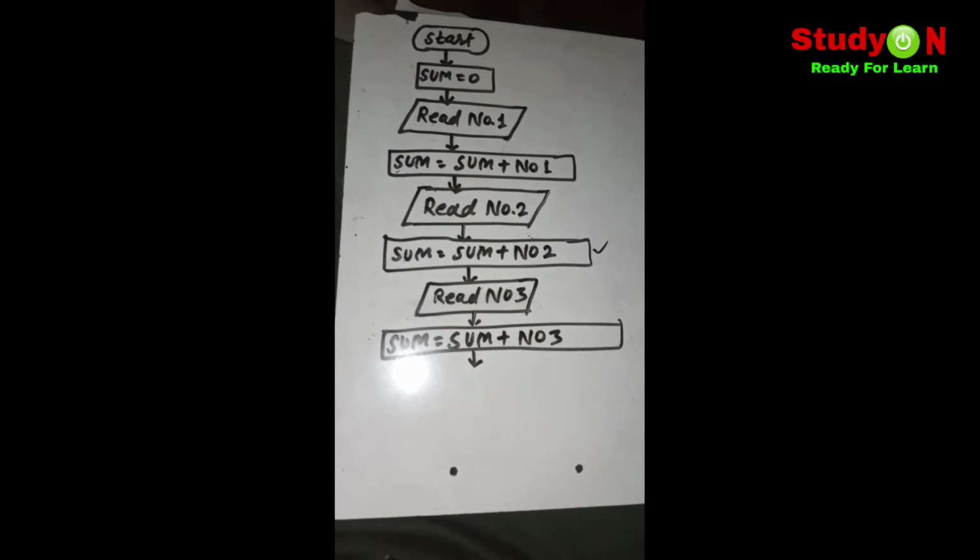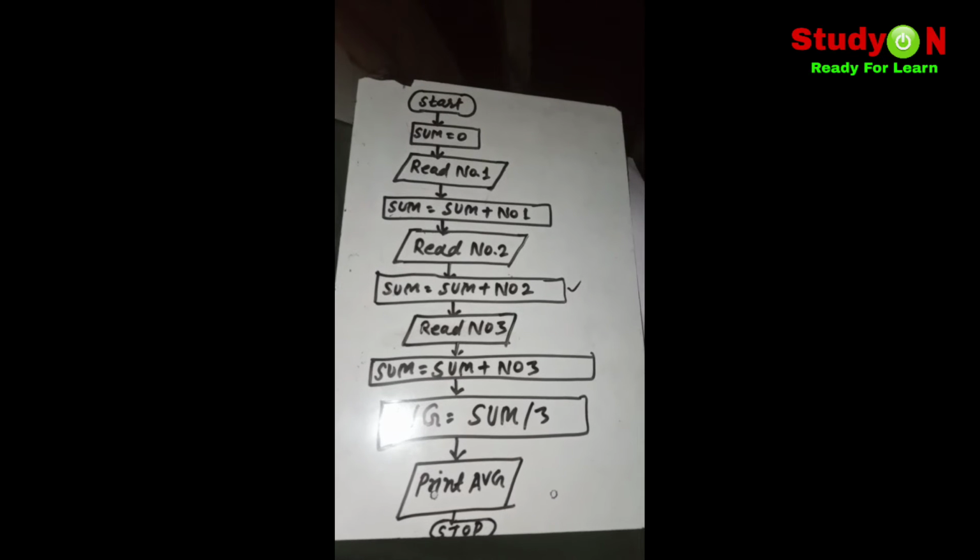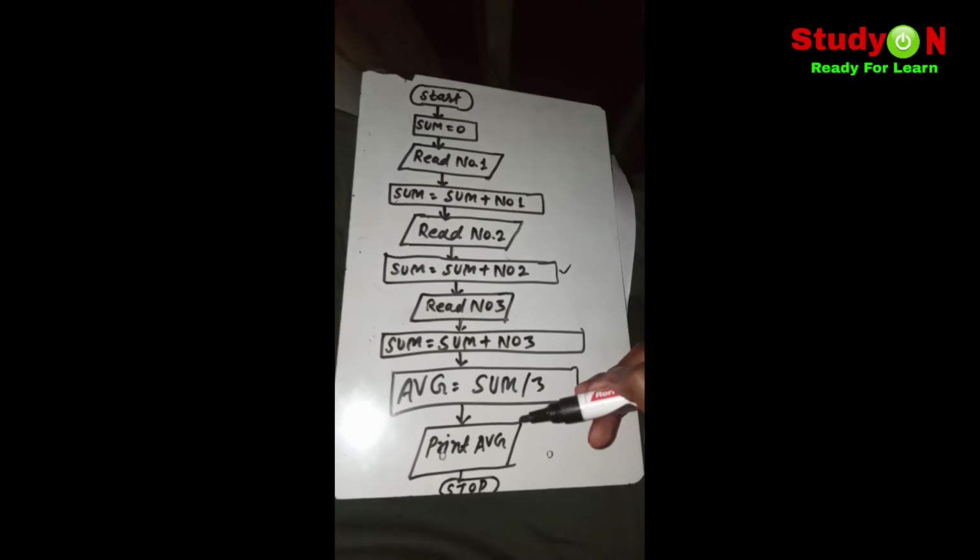Then we read number 3 and calculate sum equal to sum of second number plus third number. Then we calculate average equal to sum divided by 3. After that, we print the average.